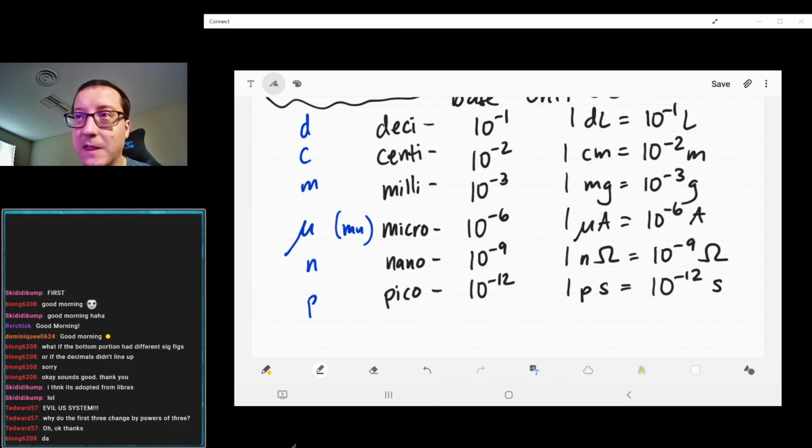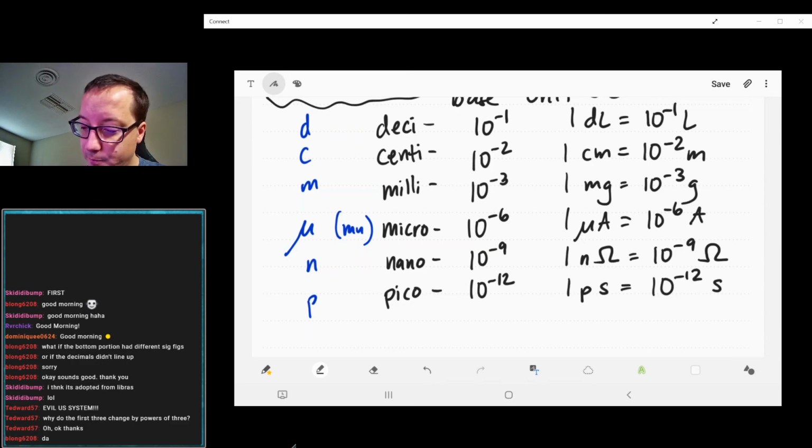Not sure why, but that's something that's commonly used. But the big ones that we're going to see the most often will be milli, micro, nano. Those are going to be the biggest ones for us in chemistry. So we will see pico sometimes. But yeah, those are the ones we're going to be using.